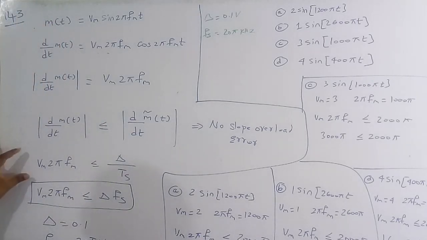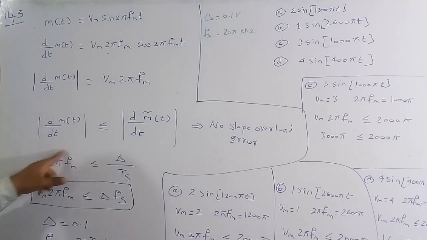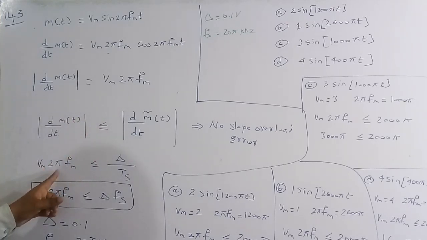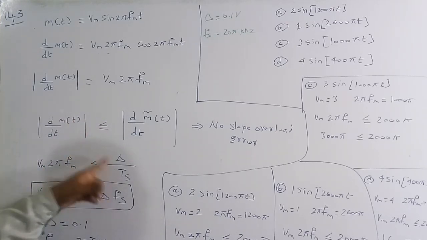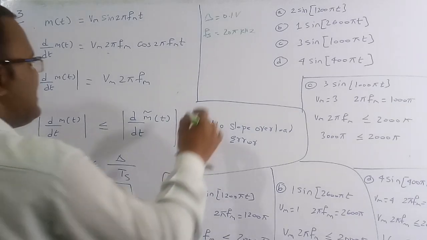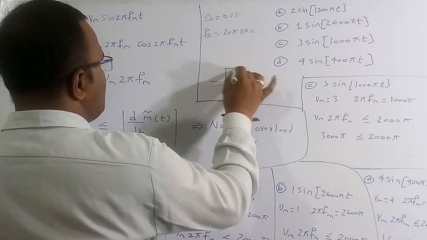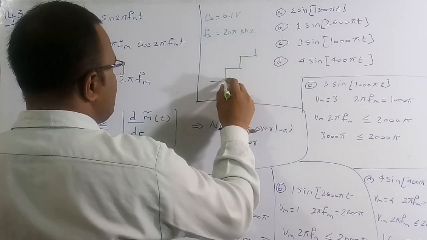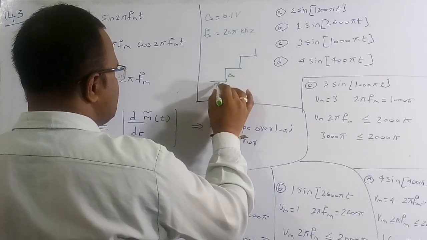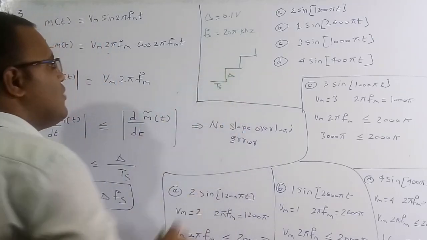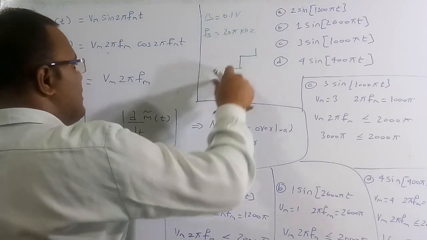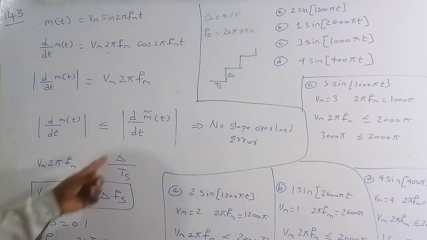So we know the value of this one. Substitute: Vm 2π fm is less than or equal to the slope of the staircase waveform. The staircase waveform is going to be like this shape, where this is called delta and this is called Ts. I want to know the slope, which is this by this value, so delta by Ts.